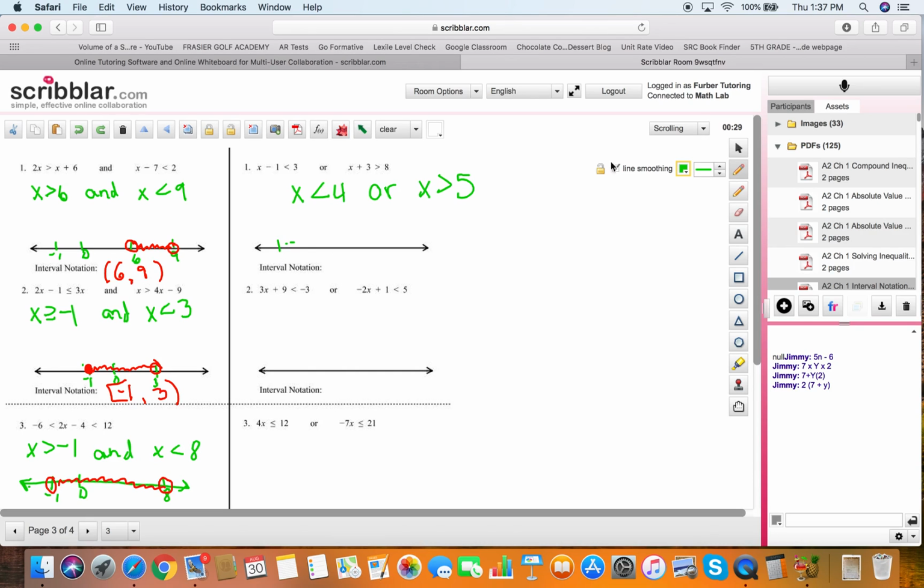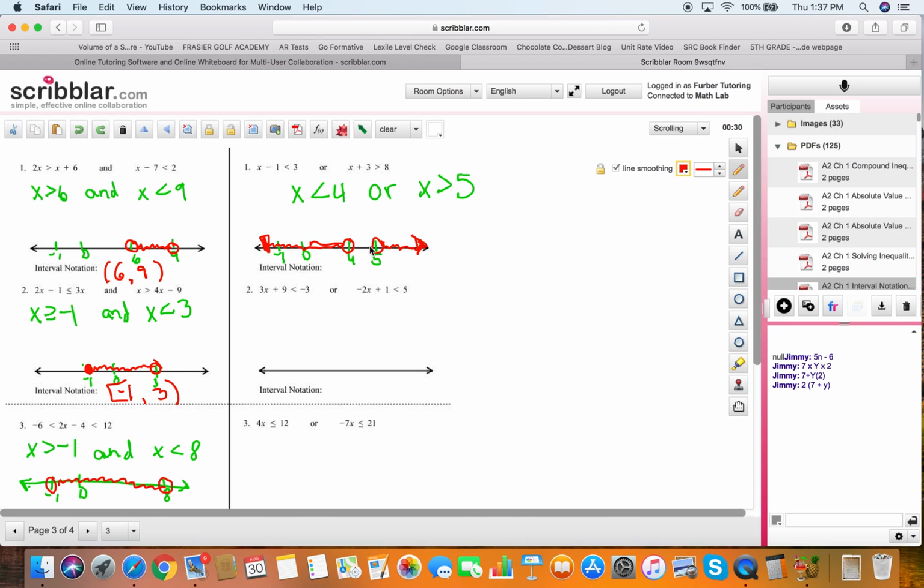Like we had negative 1, 0, and then we had 4 and 5. And then when we drew in the graphs, they looked like this. There was an open circle on 4, but the values that are less went to the left. And then there was an open circle on 5, and the values went to the right, okay?